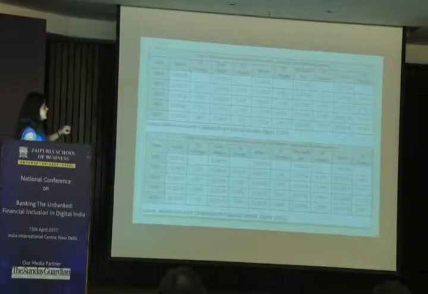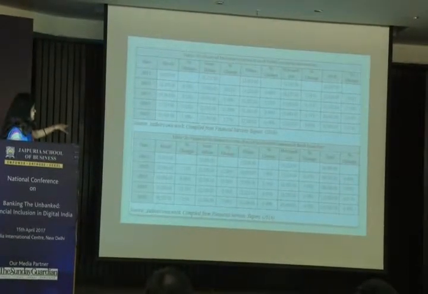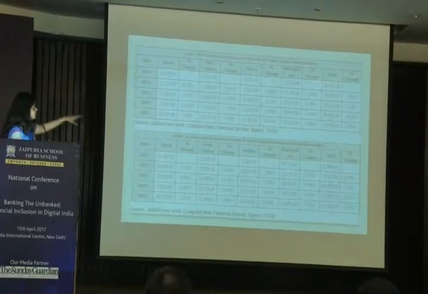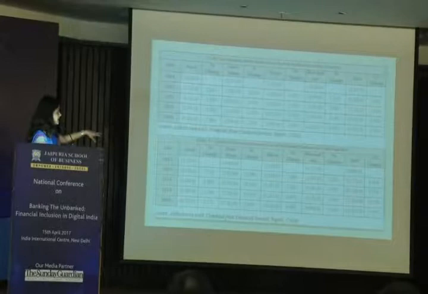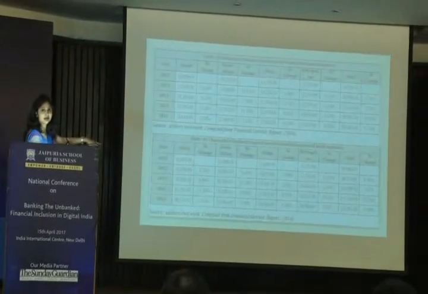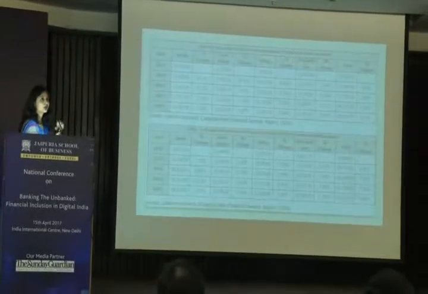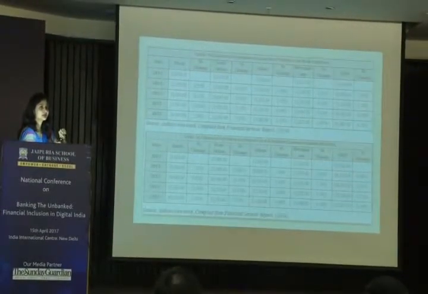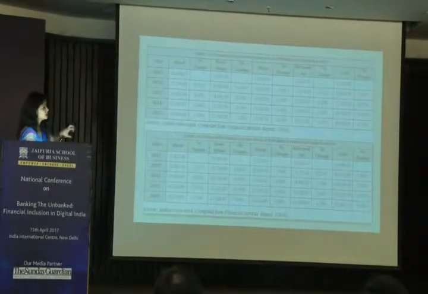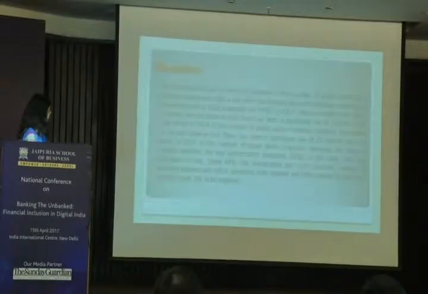It is evident from this table that the year 2014 especially shows a significant rise in almost all the sectors, and it is the same case in scheduled commercial bank branches as well. So we can very clearly say that 2014 was a year when many schemes, basically Pradhan Mantri Jan Dhan Yojana, were launched, and there was a significant rise in financial inclusion in our nation.